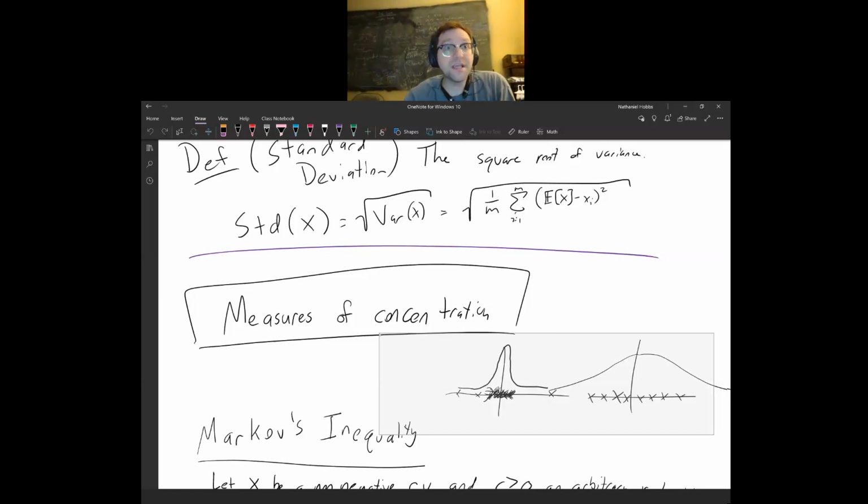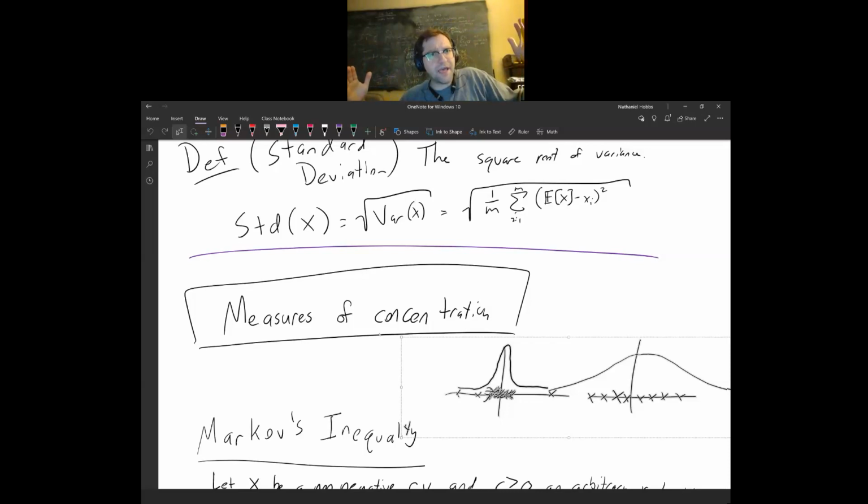Because a measure of concentration is very related to the variance, a big variance means fat, a small variance means thin. Then, if you're trying to measure how much things love the average, which is a measure of concentration, if it's concentrated, things love the average.